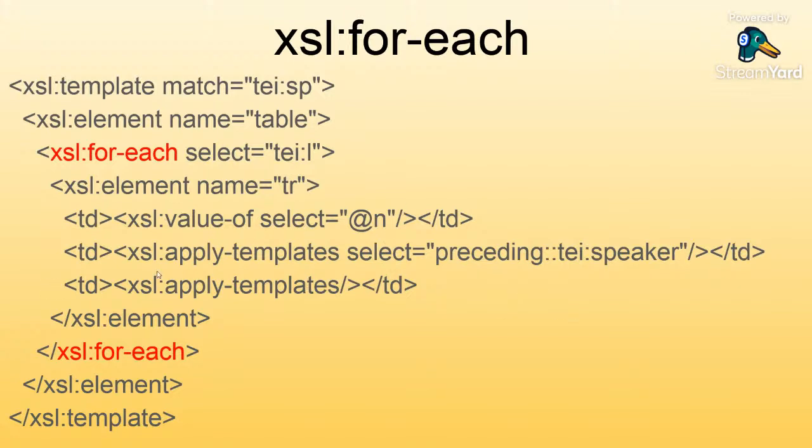Note that the context in here, when we say select equals @n, is not the @n of the speech whose template is being matched. This is the @n of the l element that was selected in the for-each. It's the @n of the first l element the first time we run through this, the second time it's the @n of the second l element, the third time it's the @n of the third element, etc. So the context follows the element inside the for-each.